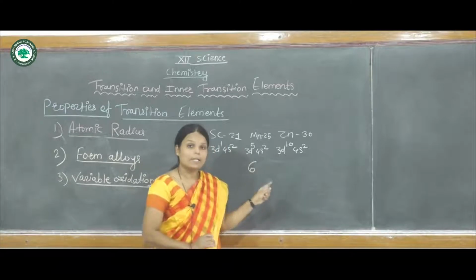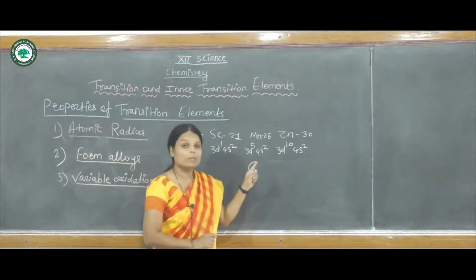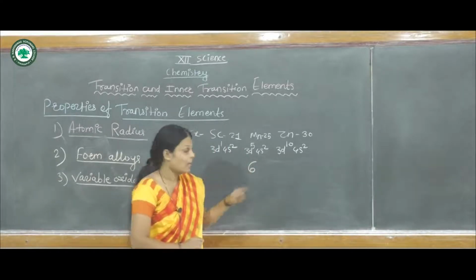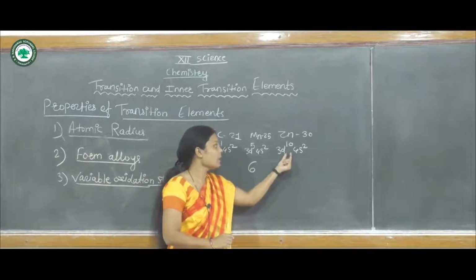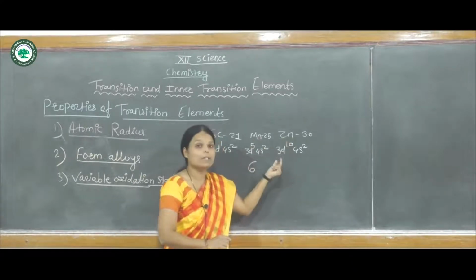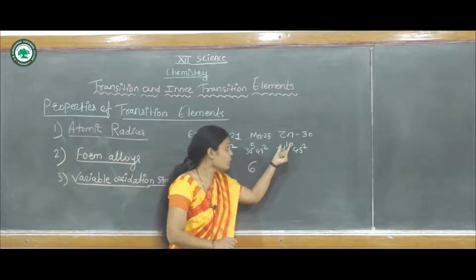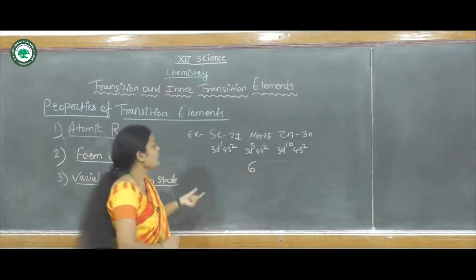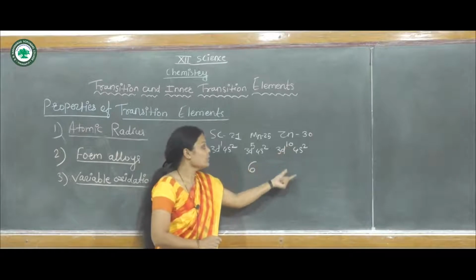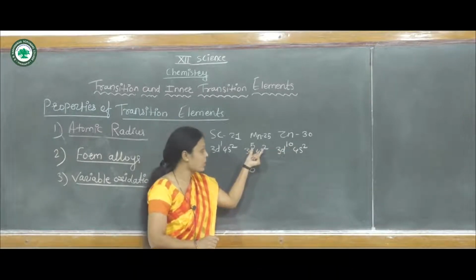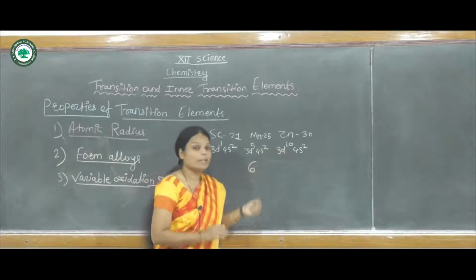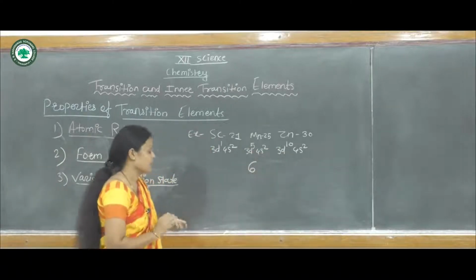Why does it decrease? Because the number of unpaired electrons decreases, and zinc has fully filled d orbitals in which 10 electrons are present. That's why zinc shows fewer oxidation states than manganese.